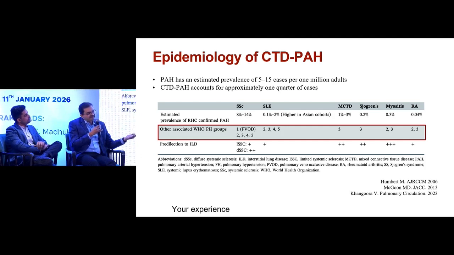And then, of course, we get referrals from our cardiologist colleagues when there is no explainable cause. We have a good PH program, and we often get referred just to make sure that they are not missing something clinically and not just relying on an ANA screening test.